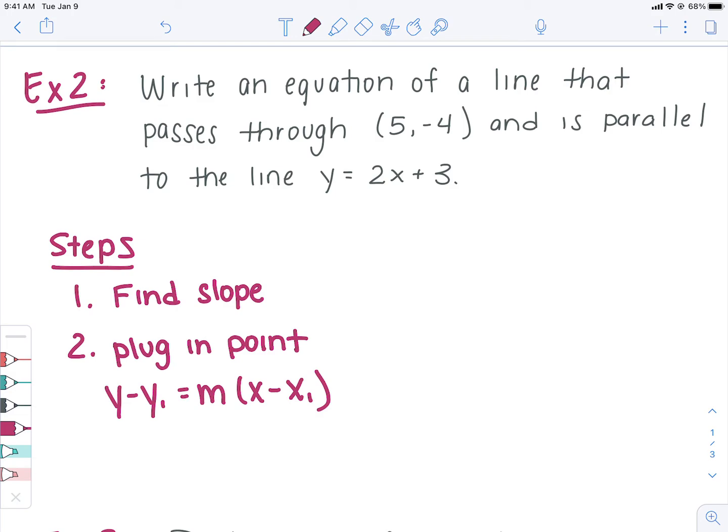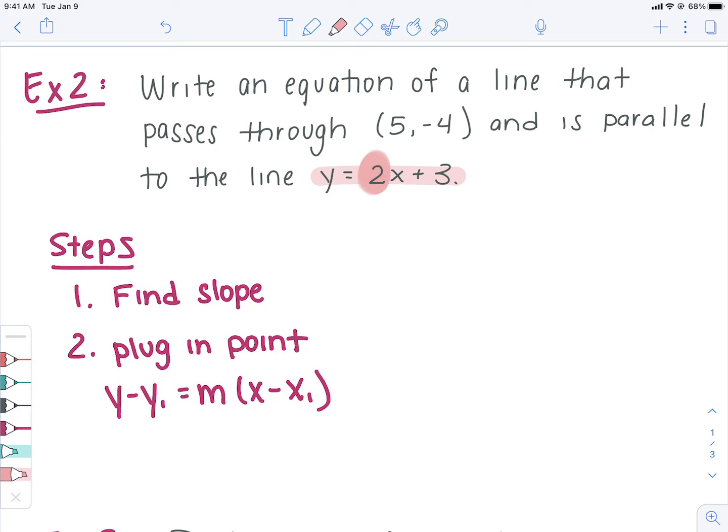So if we know that we want to be parallel to the line y equals 2x plus 3, we know that we want to have the same slope, and we know from earlier in the year that the slope of this equation is what? 2.